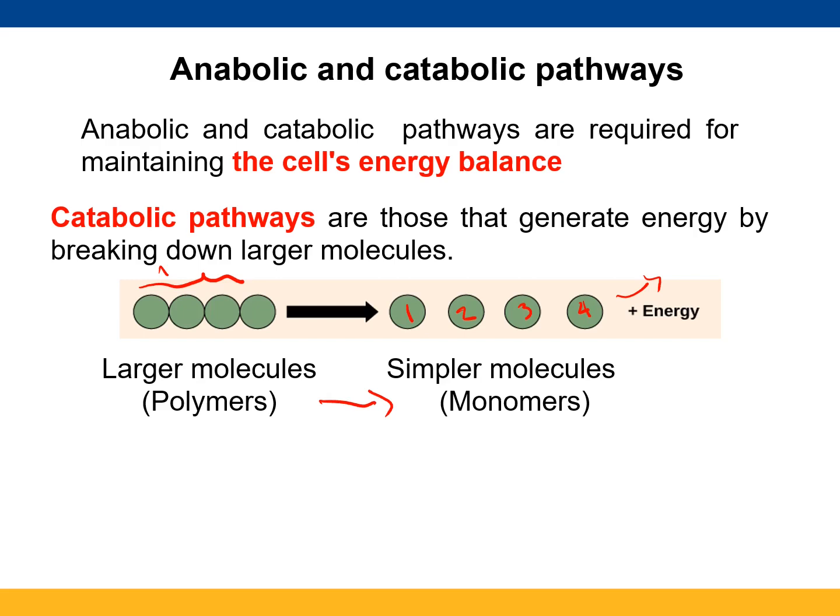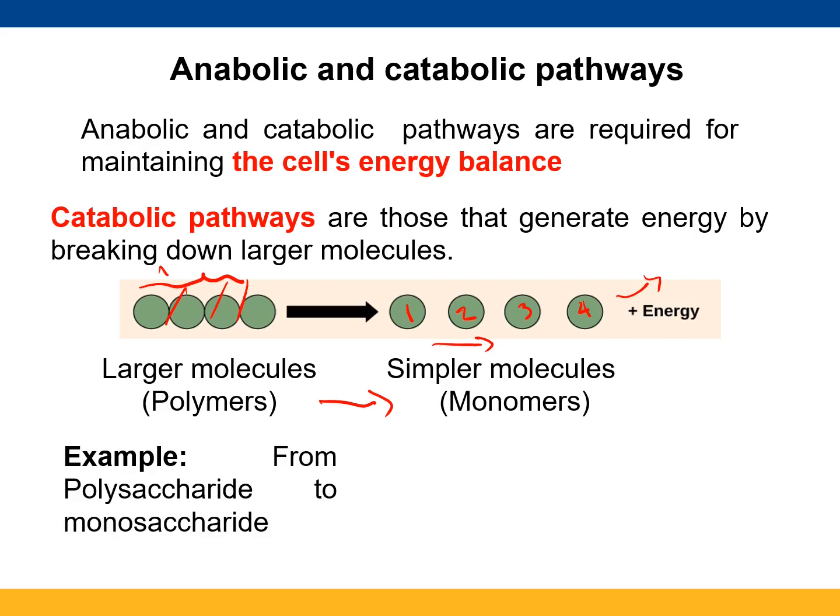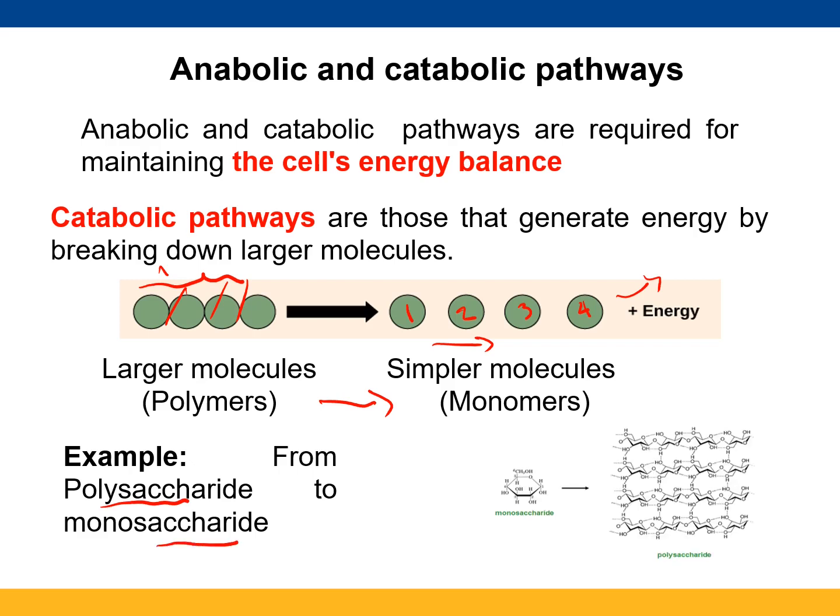For example, when you need energy in your body, you take the polymers and you break them, and you create simple molecules. An example of that is when you have a polysaccharide and you break it into pieces and you produce a monosaccharide. In the previous case, we had an anabolic reaction.